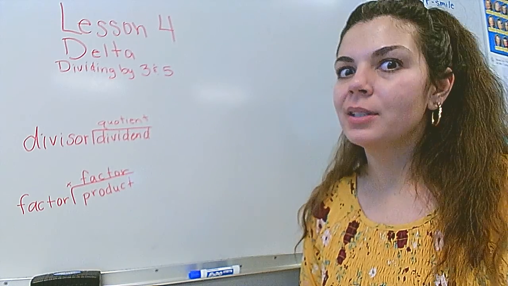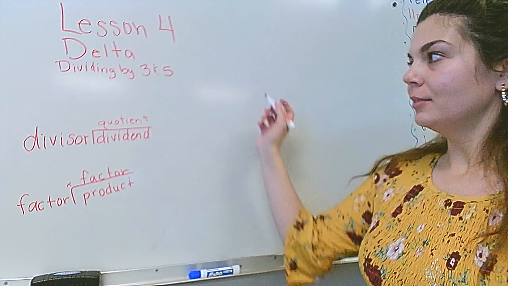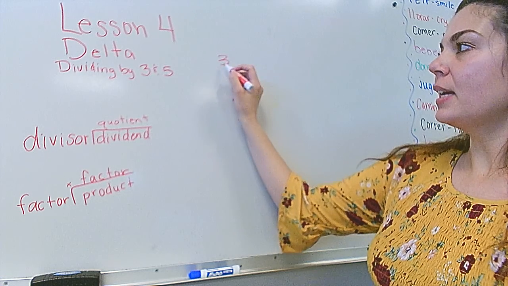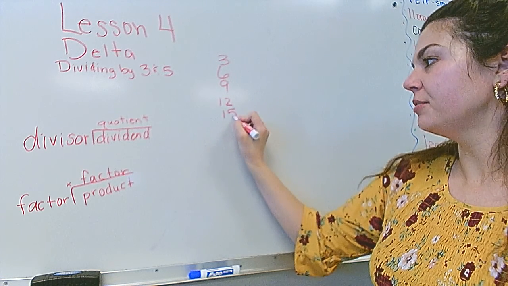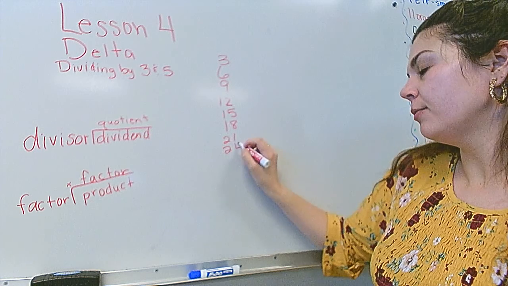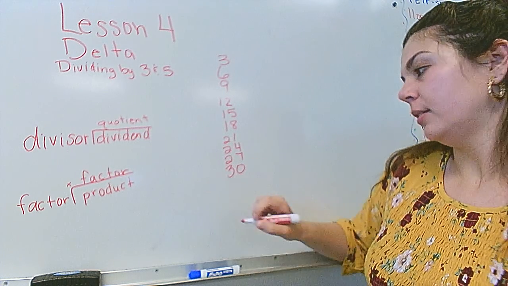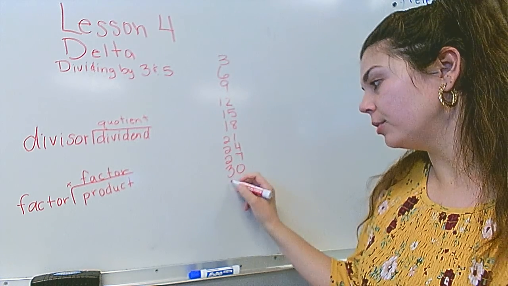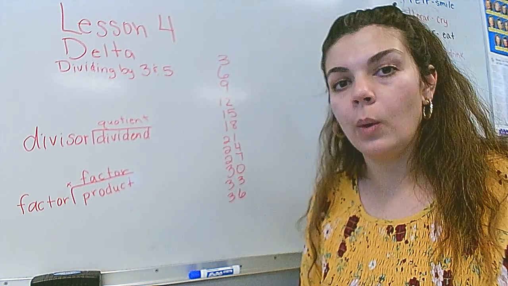Okay, I'm going to write down all the factors of 3 and 5. All right, so 3, 6, 9, 12, 15, 18, 21, 24, 27, 30. Now you can also know the other two, which is 33 and 36, up to 12.